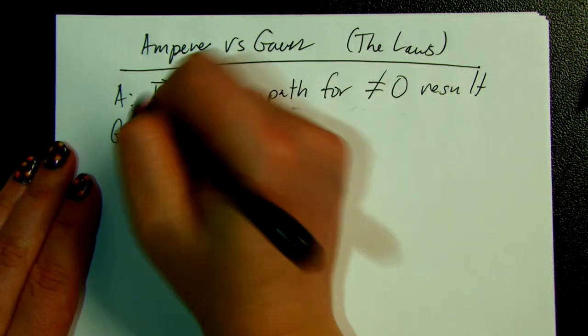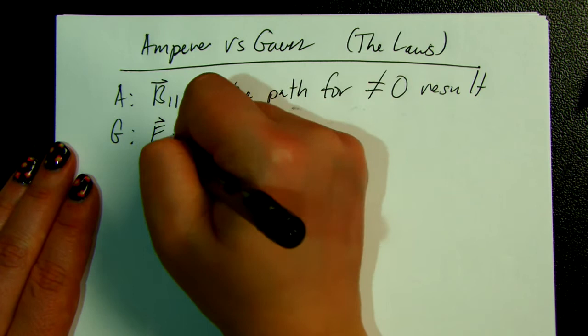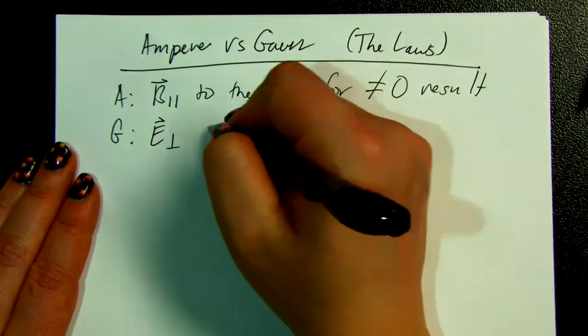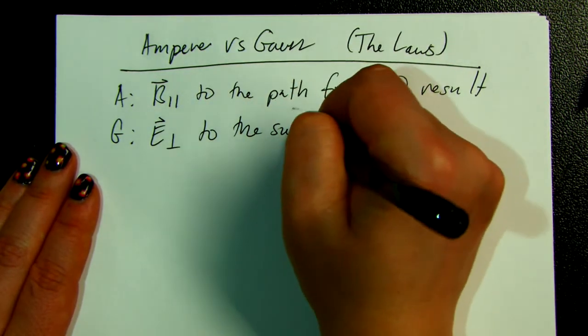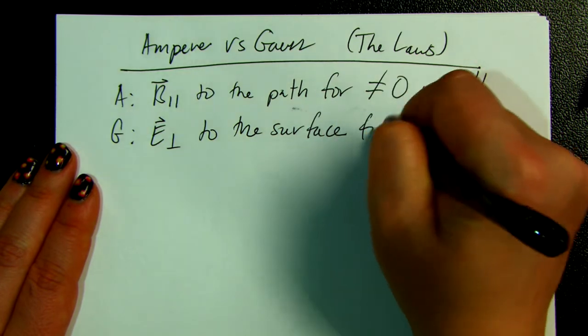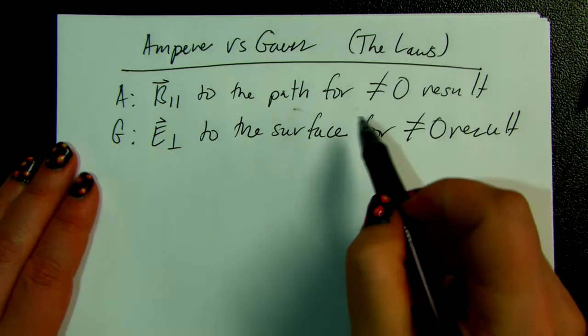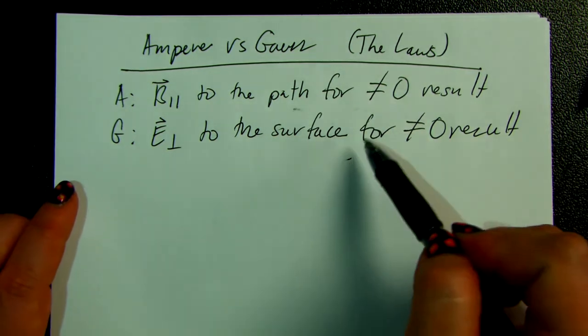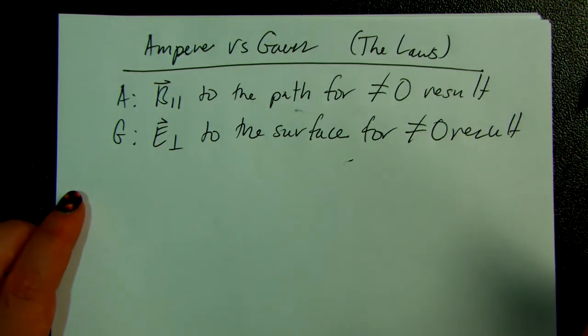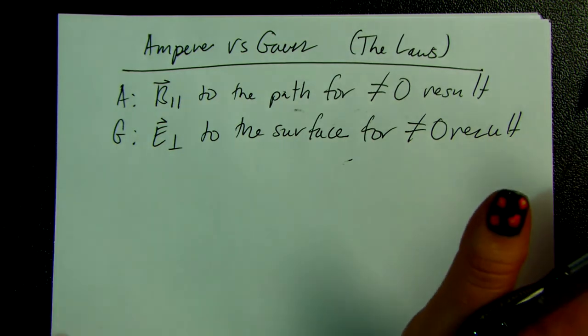And for Gauss, the electric field needs to be perpendicular to the surface for a non-zero result. So you want parallel magnetic fields and perpendicular electric fields if you want to get a non-zero value.